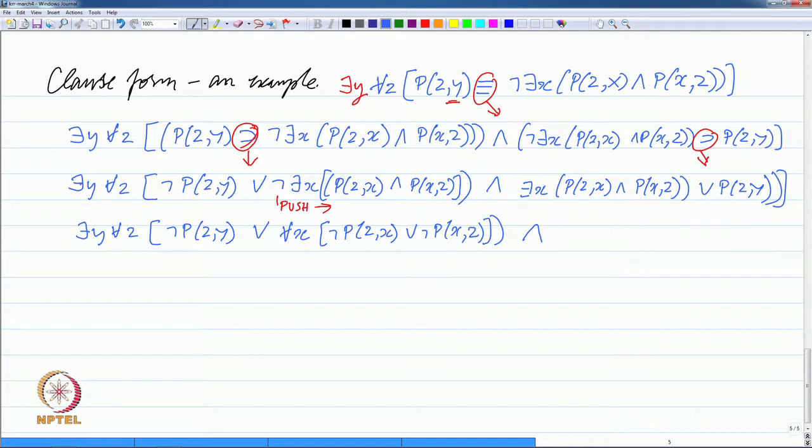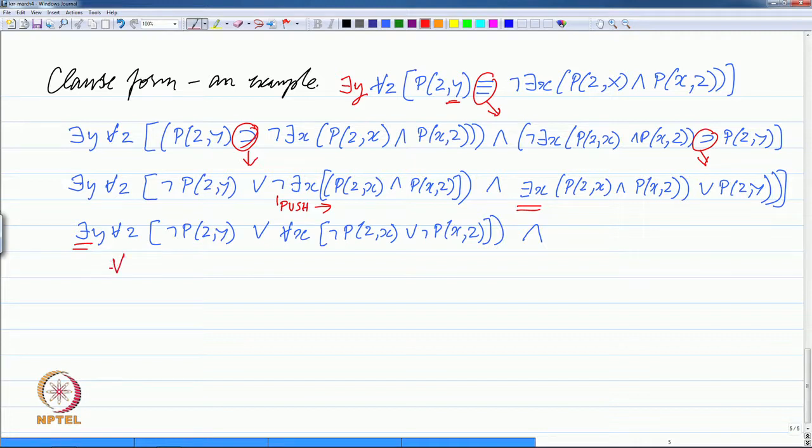Then we need to eliminate the existential quantifiers. There exists y and there exists x. So, in the first case where there exists y, it is not in the scope of any universal quantifier.